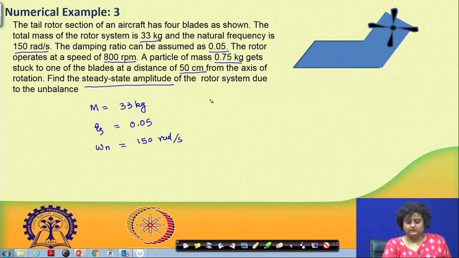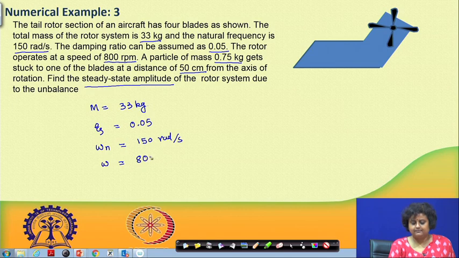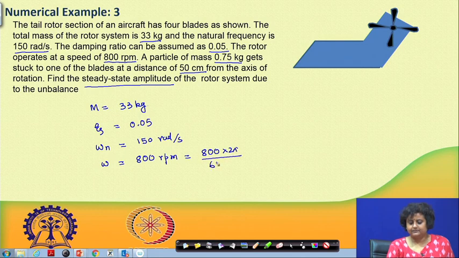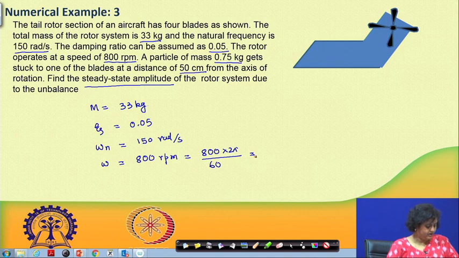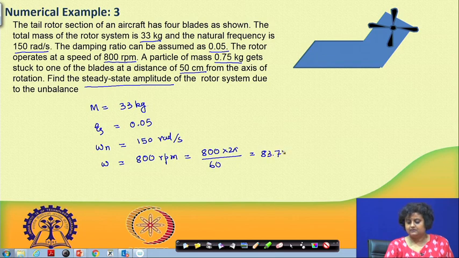We know that the driving frequency is 800 rpm, which can be converted easily to radian per second as 800 into 2 pi by 60, which is going to be 83.77 radian per second.